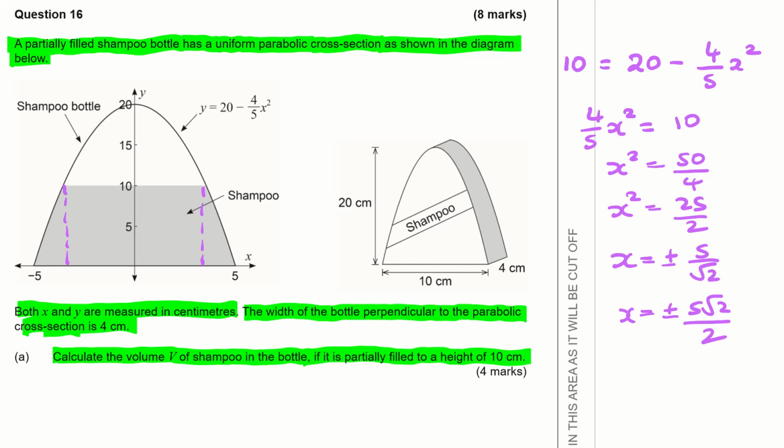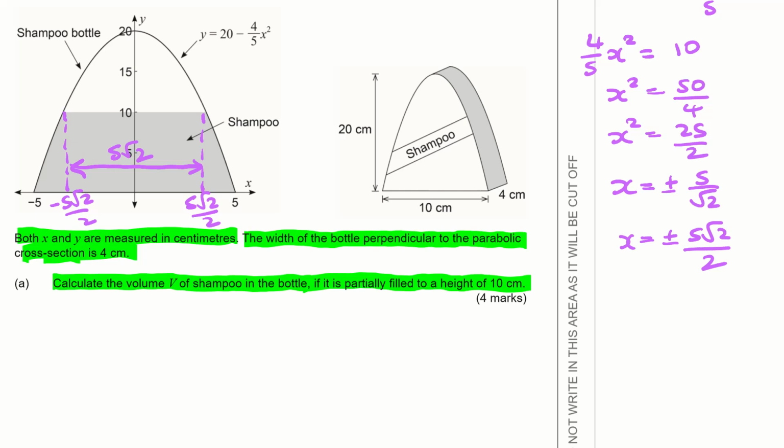Okay, so we now know that this is 5 root 2 on 2, and this is negative 5 root 2 on 2, which means the distance between those is just 5 root 2.